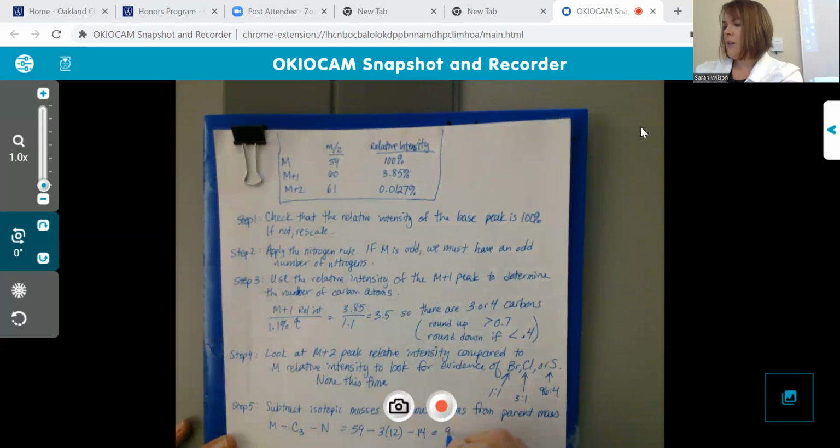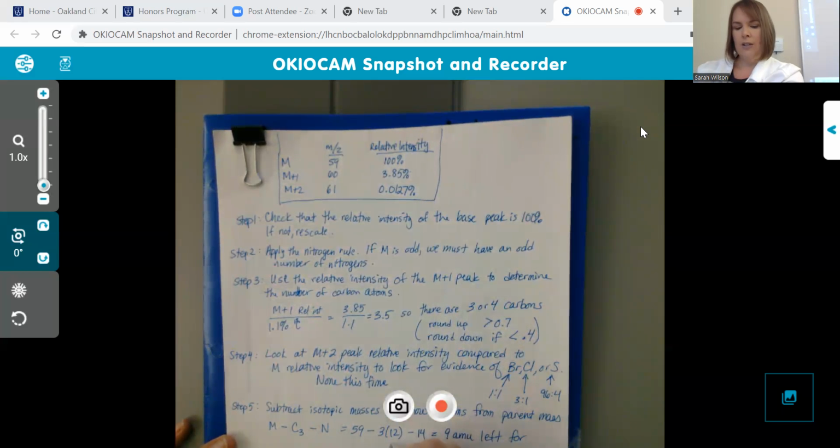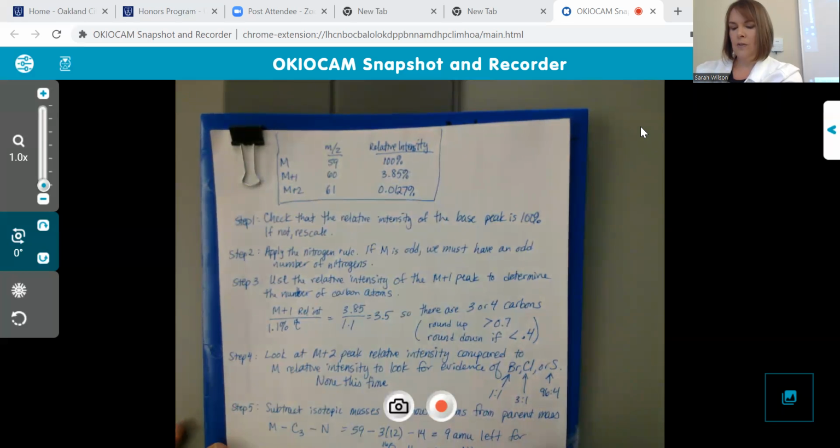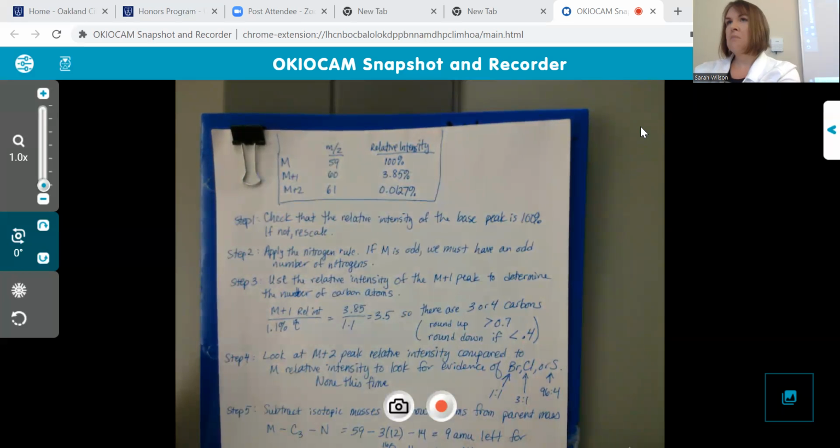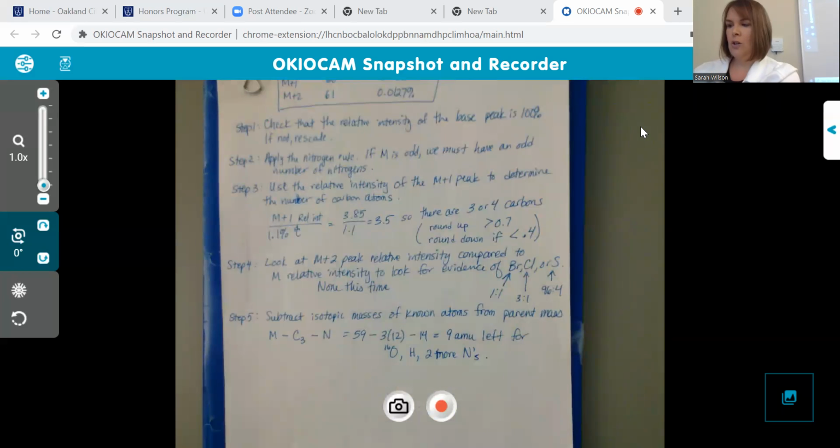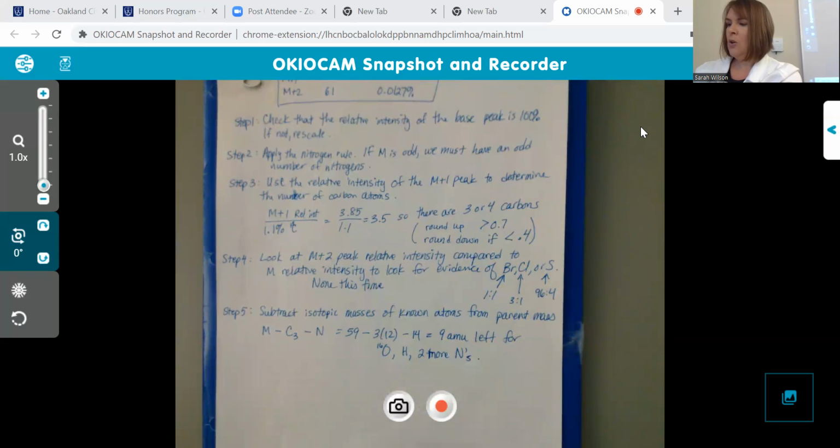That gives us 9 atomic mass units left for other things like oxygen, 16, hydrogen, or 2 more nitrogens. So we have 9 atomic mass units left for any oxygens, halogens other than bromine or chlorine, or 2 more nitrogens, so we'd still have an odd number of nitrogens.